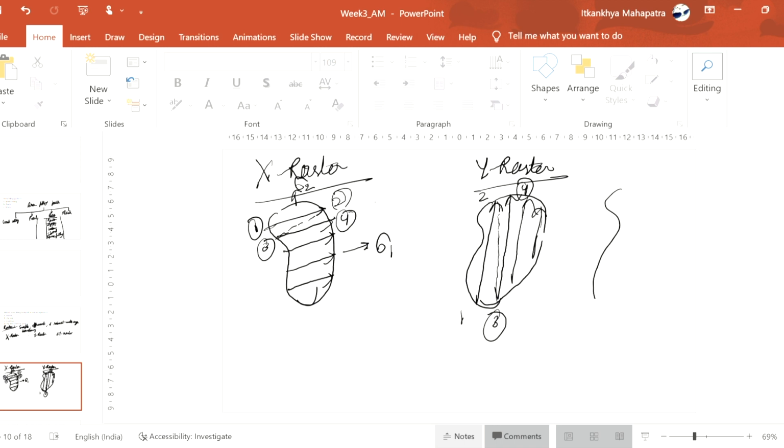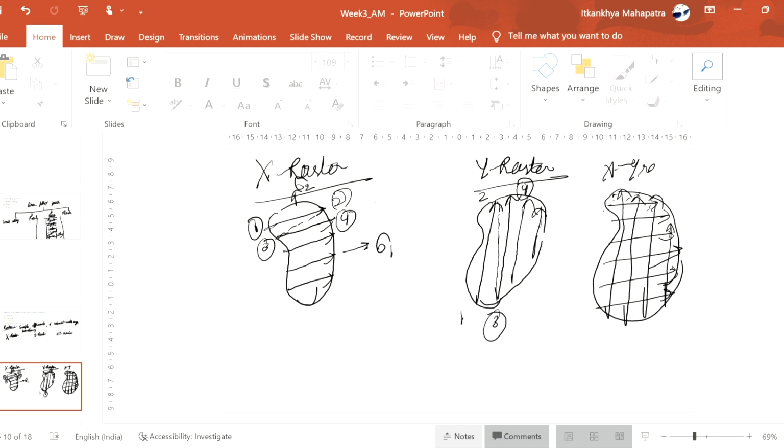Now xy raster means this will be along both x and y direction. This is xy. Dotted lines are movements of the tool in air.